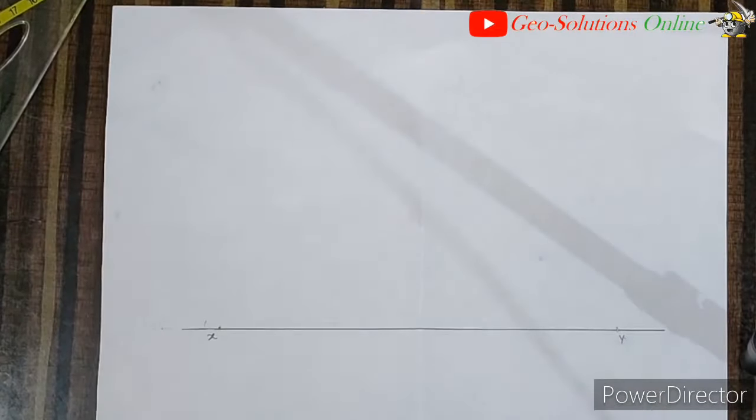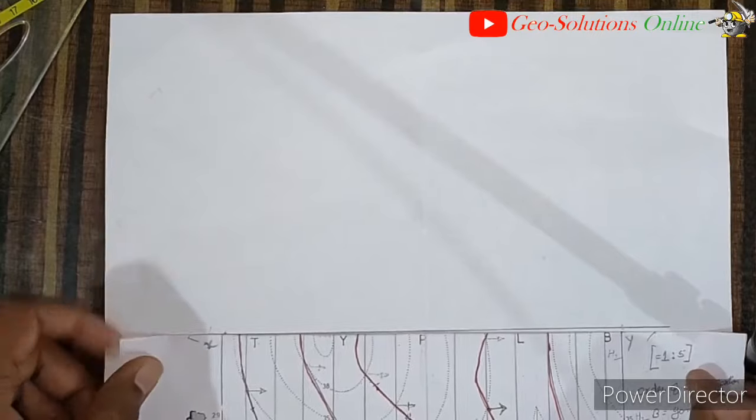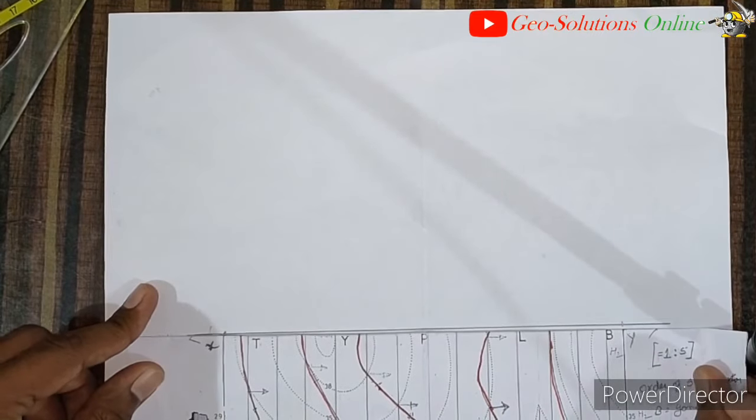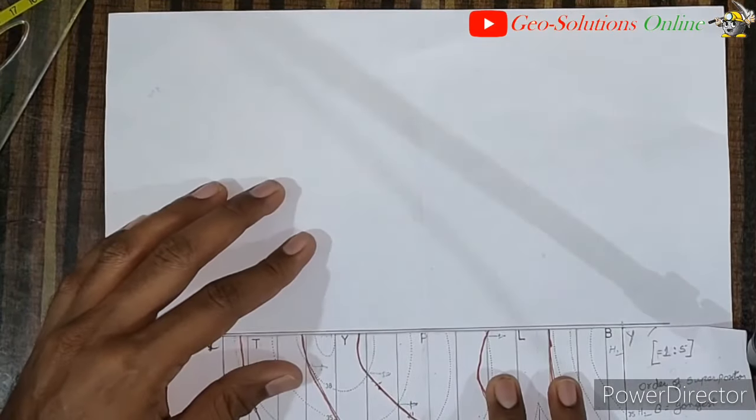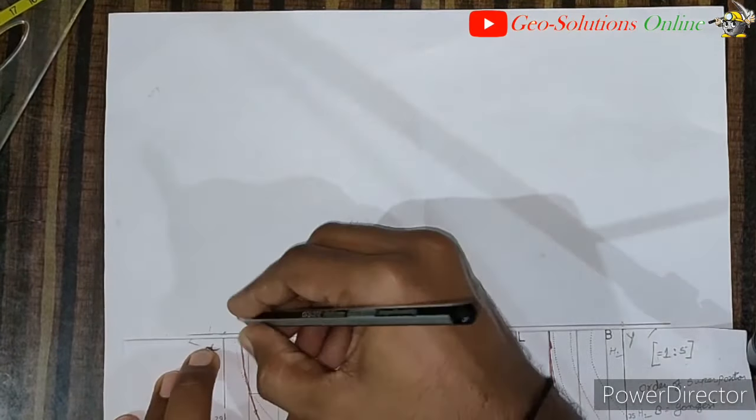Okay, then again we will join the point X and point Y on this plain paper to get the center point of the axis.